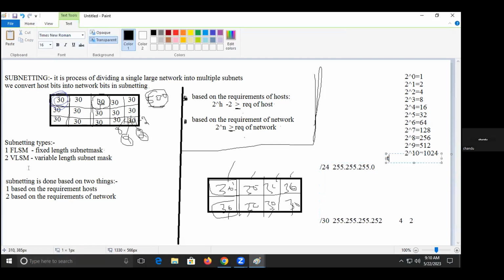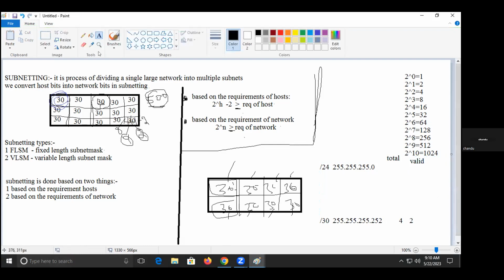Yeah, this is the total IP addresses, and the next 2 will be the valid IPs. Slash 30 will have a total of 4 IP addresses, but 2 are valid.